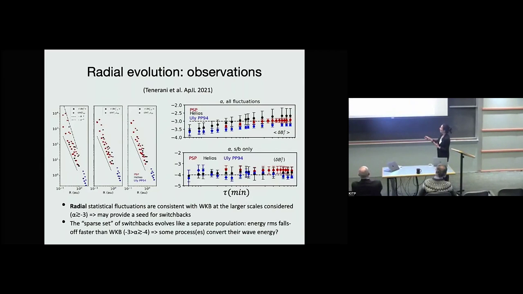And you have two sets of dots, okay? The circles correspond to the RMS of the energies, okay? If you consider all of the fluctuations, all inclusive, okay? So if you like, all of the deflection parameters. And the triangles above correspond to the same quantity calculated over the sparse set of switchbacks, okay?